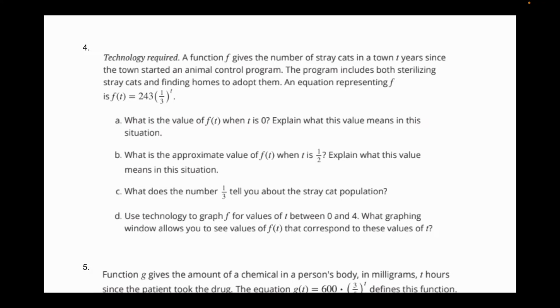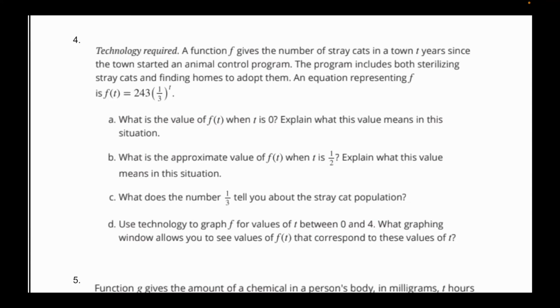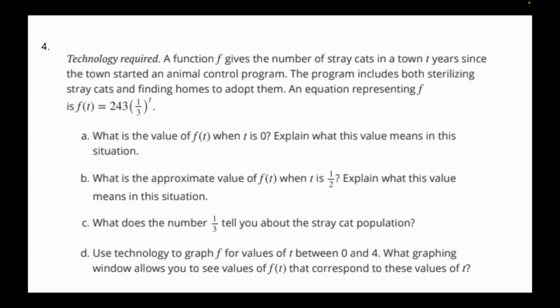What is the value of f of t when t is 0? When t is 0, if we plug in 0, we get 243, just whatever our initial value is. f of 0 is 243, and we can say this is the original amount of stray cats.